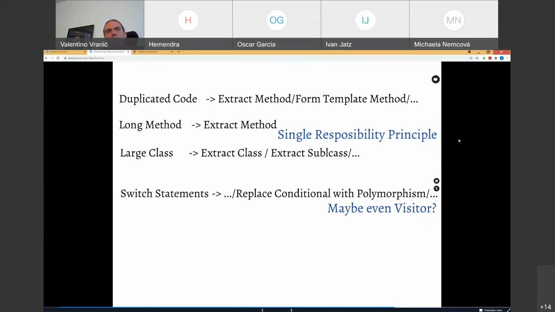So for those of you who recall my lesson in object-oriented programming, where I demonstrated how a visitor can be introduced into existing code, which was working well, but I was just replacing things in order to have my code more sophisticated and more maintainable in the end.